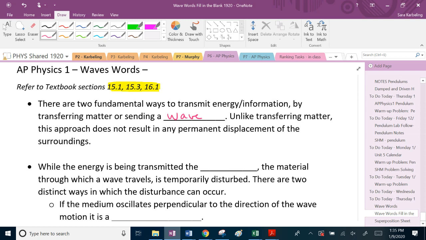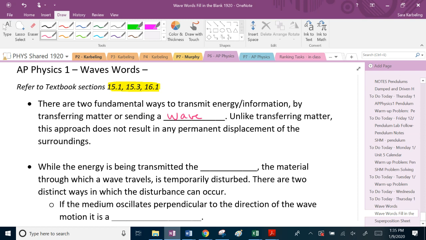What kind of wave? A sound wave, right? And that sound wave travels through the air, and it's displacing those little air molecules. But the air that's right in front of my mouth is not actually going to her ear. You with me there? Okay.